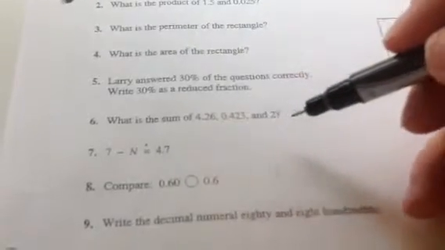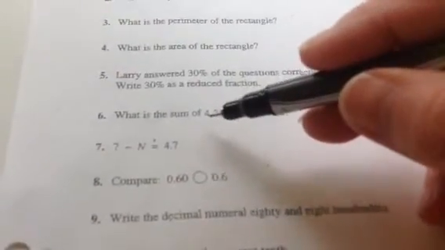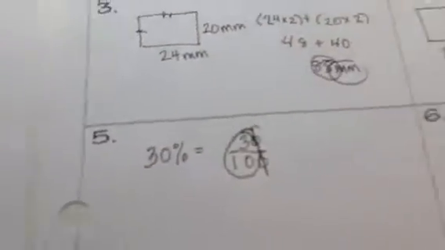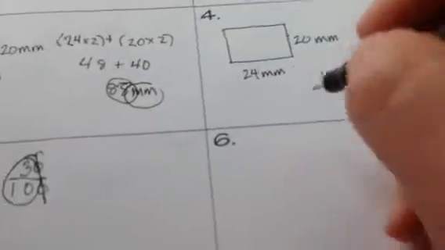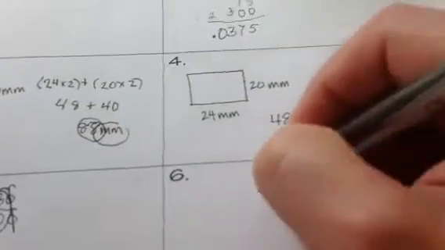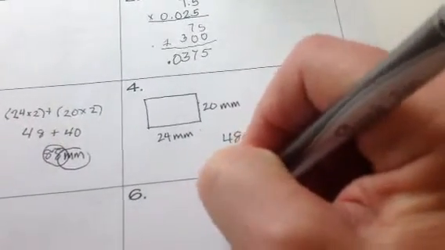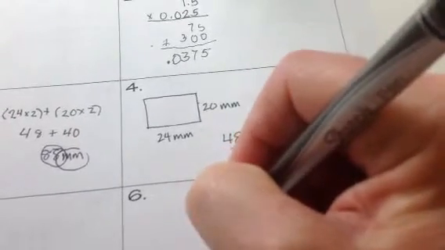What is the sum of these 3 numbers? Well, now I have to make sure I do line up my decimals. So we're going to do 4.26 plus 0.423 plus 2.